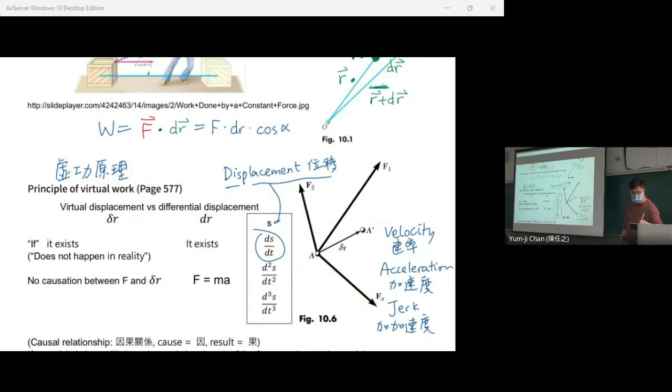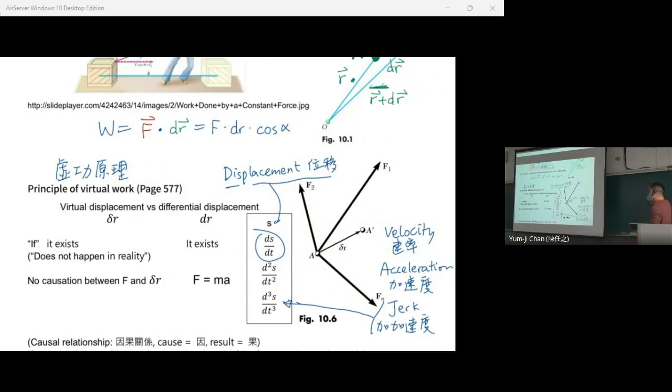And this is useful in your next year. So for displacement that we have, we do some calculus, and we will have velocity, we have acceleration, and we will have jerk.